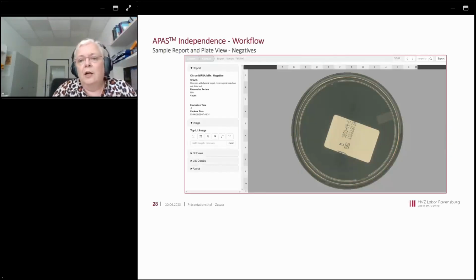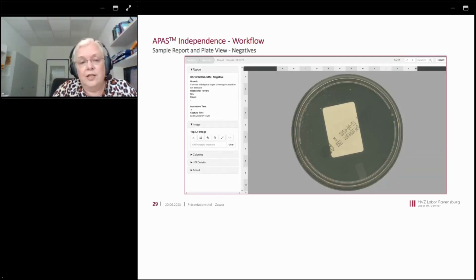You will find plates with no growth, or with not significant or not clearly positive growth.